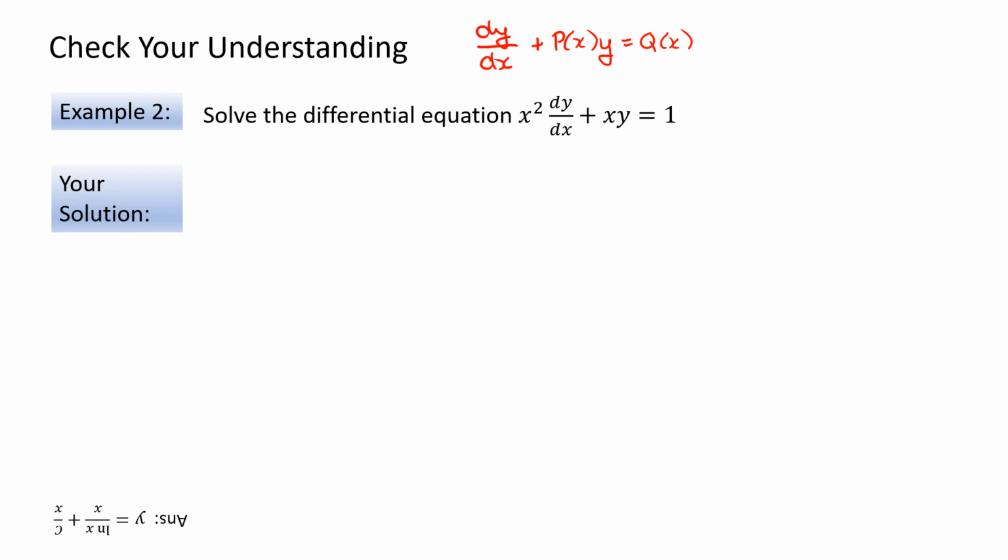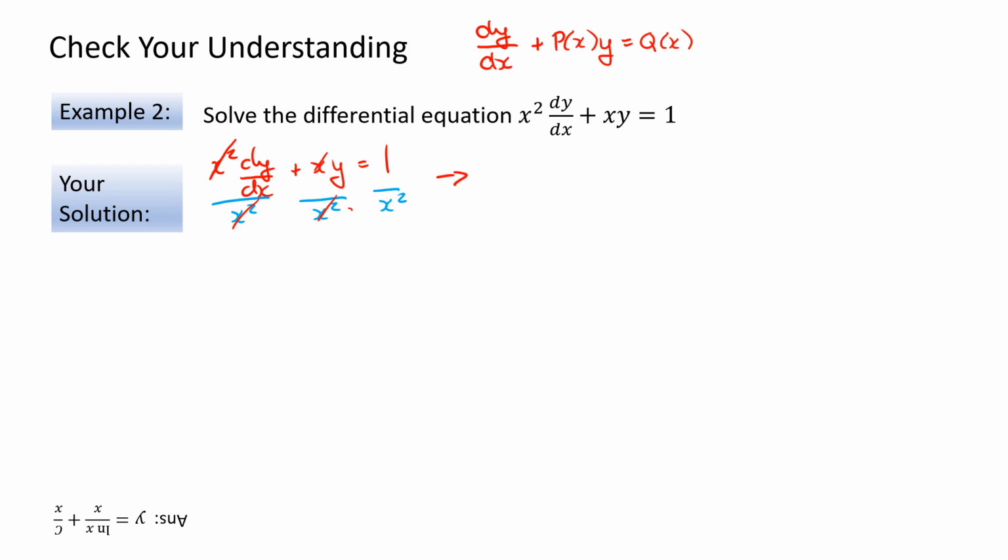So we start off by dividing both sides by that x squared term, so that we have just dy by dx. So dividing all our terms by x squared, they will cancel in the first term. x divided by x squared just leaves us with 1 over x.